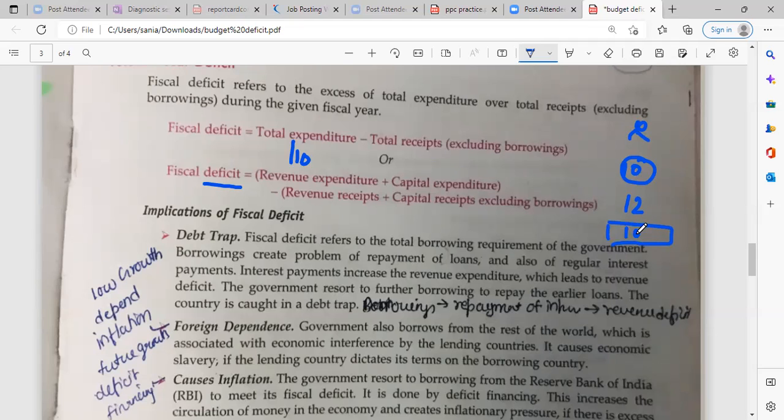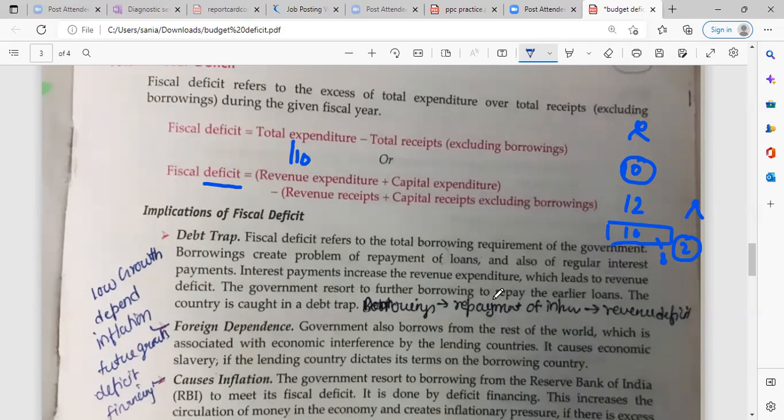I spent 8 rupees, so I had only 2 rupees left with me. So again, what happened? I asked Kushi for 10 rupees. So this is what happened. It is a trap. I was unable to pay him. I took money from somewhere else, plus the interest. So basically, interest increases the revenue expenditure, which leads to revenue deficit, right?